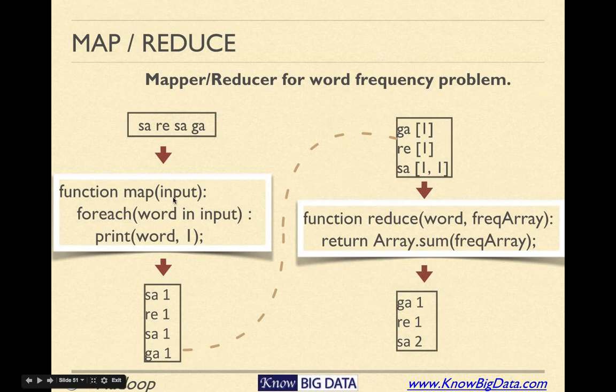Here, our map function is converting a single line of text into one word per line, and each line contains a key and value. The key here is the word, and the value here is numeric 1. That is our map function. The map function is breaking down our input line into key value pairs.